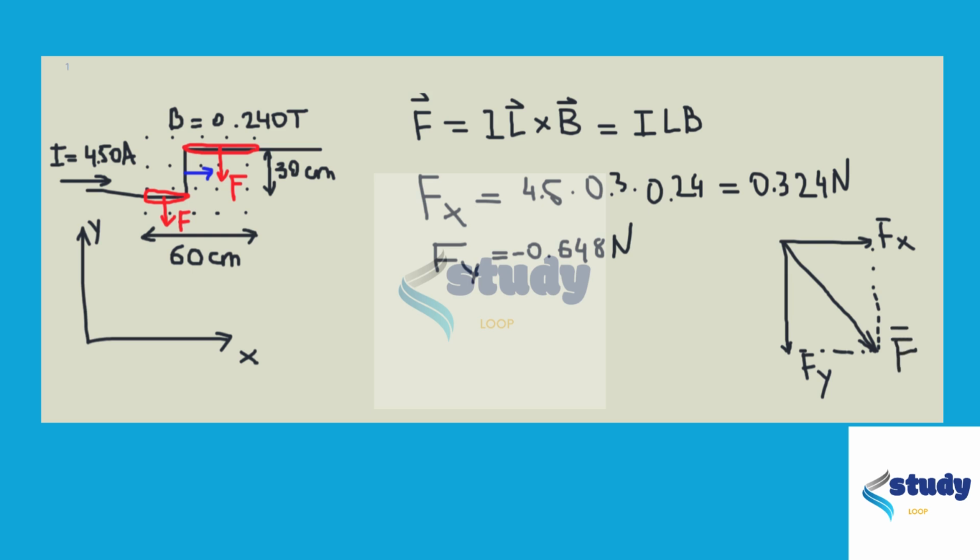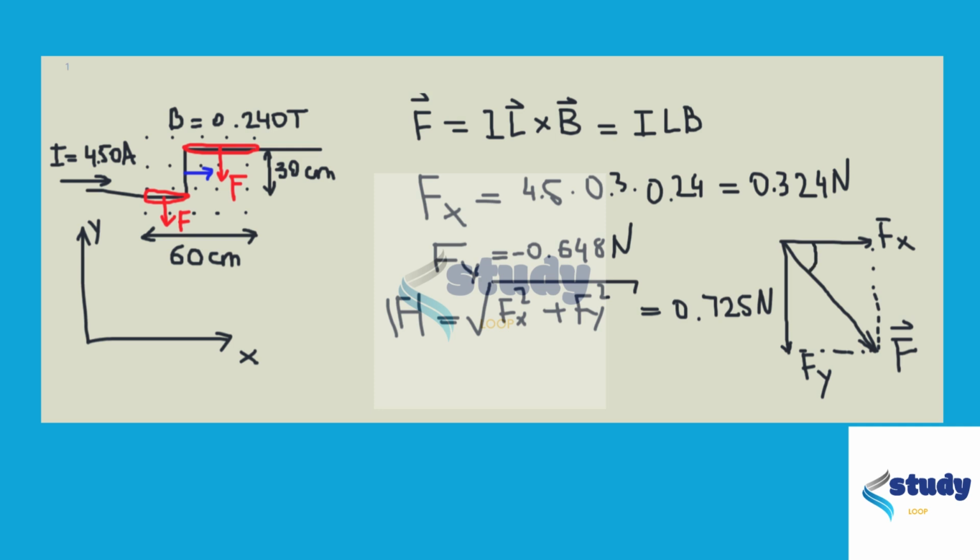This is our total force acting on the wire, and the magnitude of this force is simply the square root of Fx squared plus Fy squared, which equals 0.725 newtons, right?